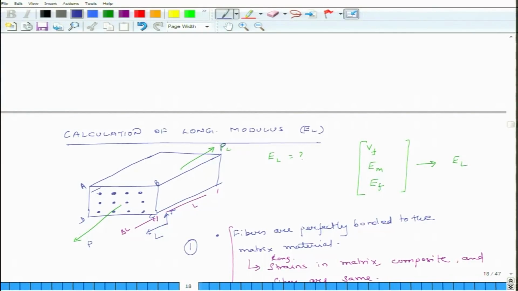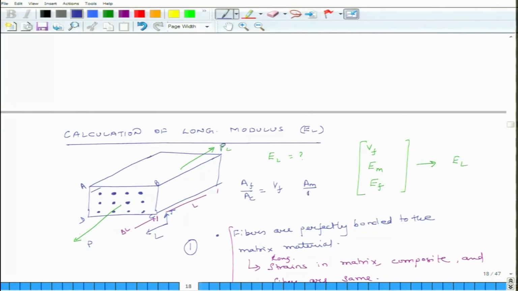What is AF? AF is the sum total of all the cross sectional areas of all these fibers, and AM is the area of the matrix in the cross section ABCD. So, if that is the case, then AF over AC equals what? Volume fraction of the fiber.